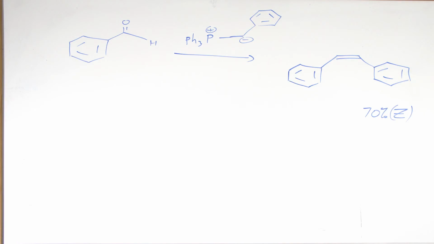There are 2 ways to go about that. One, we can basically isomerize this because trans will be easier and more stable eventually. That's kind of painful and potentially risky. Or we have to modify the phosphorus, which is in fact much easier to do.